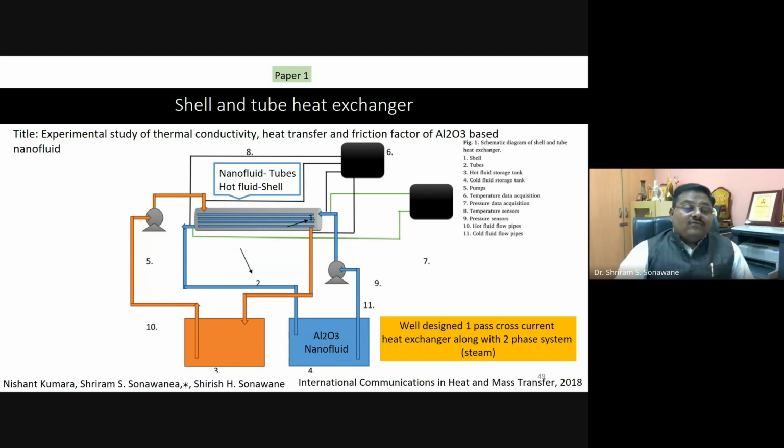The nanofluids were in the tubes, and hot fluid was passed through the shell, and we observed the effect of the energy exchange, that is, heat energy exchange. We saw that the heat energy exchange from the hot fluid to the cold fluid, that is the nanofluid in the tube, with hot fluid in the shell, took place tremendously and in a very efficient way. Next slide, please.